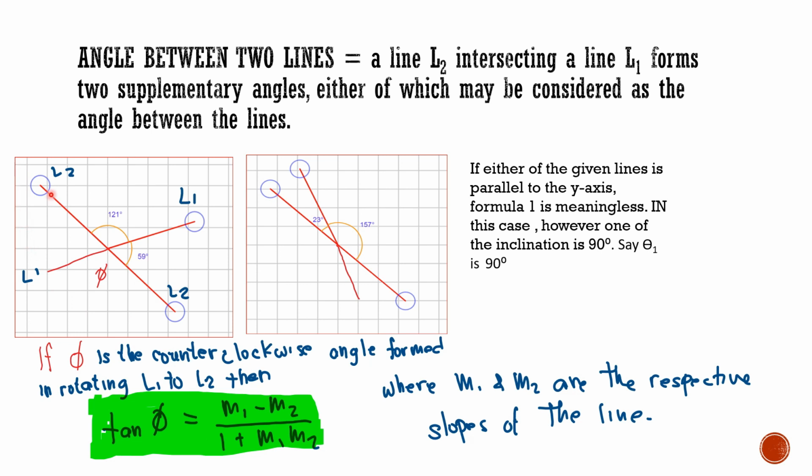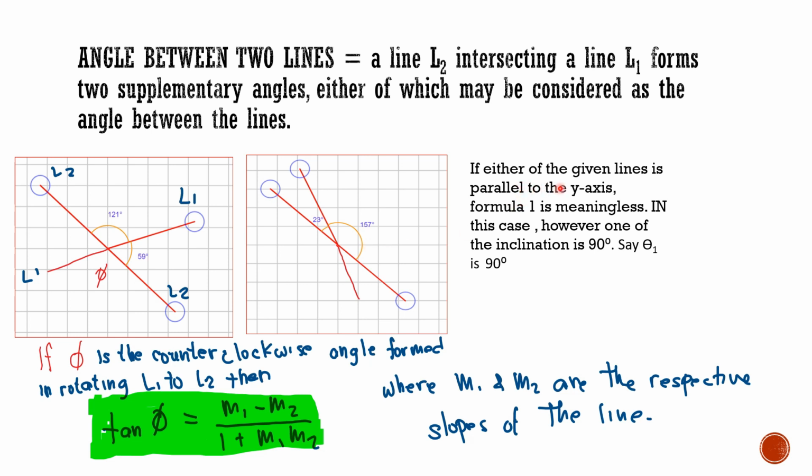For example, this is L1 and this is L2. Kahit daw papanong intersection ang gawin mo, they will form supplementary angle, as in these two examples. You can experiment it yourself. Gumawa ka pa rin ng mga ibang at kumuha ka ng protractor, sukatin mo, it will form supplementary angle.